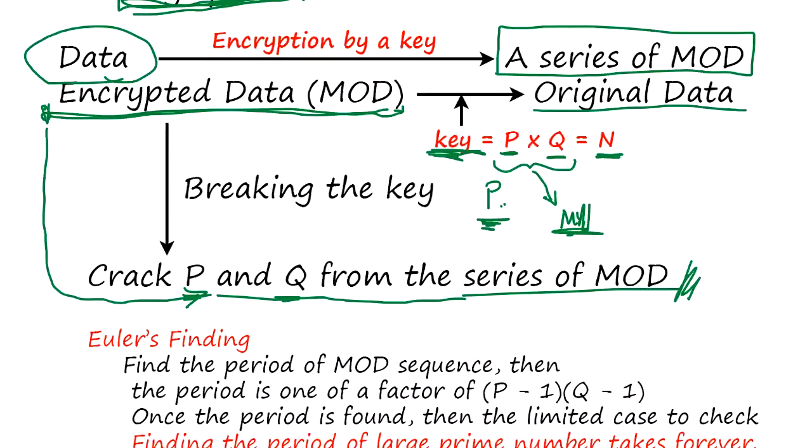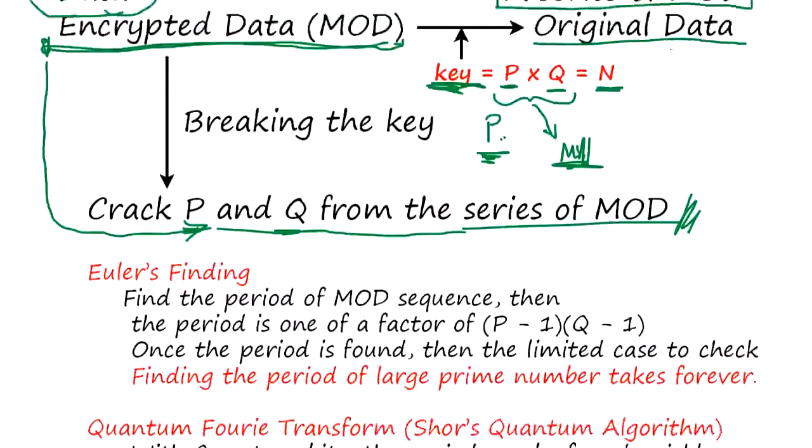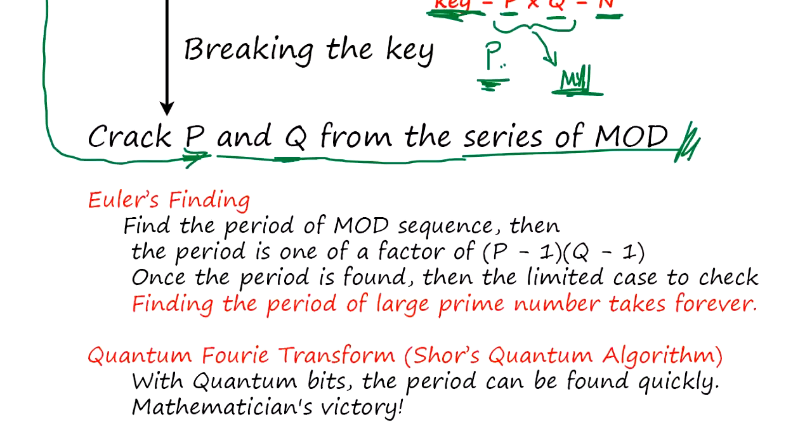Okay, but the great mathematician Euler found out long ago that there is a period for the mod sequence to repeat itself.